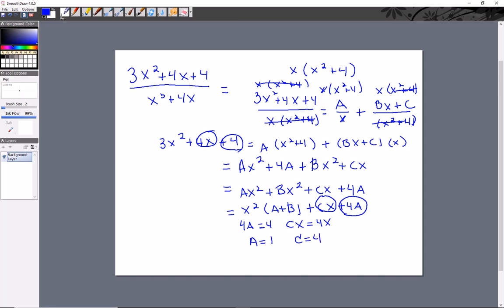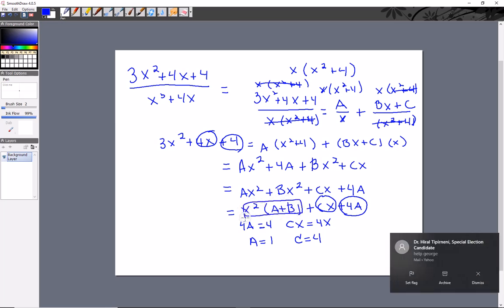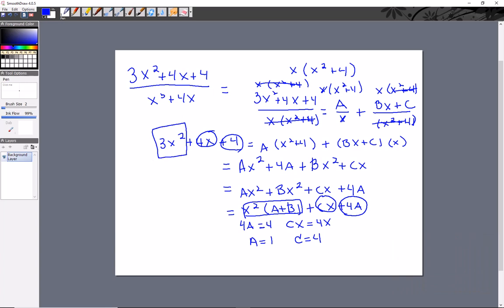All right? Okay, now this term right here is going to match up to this term right here. So basically A plus B is going to equal 3. So A plus B equals 3.